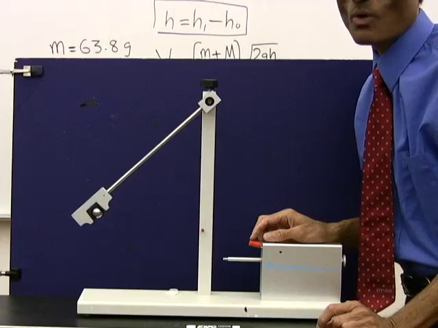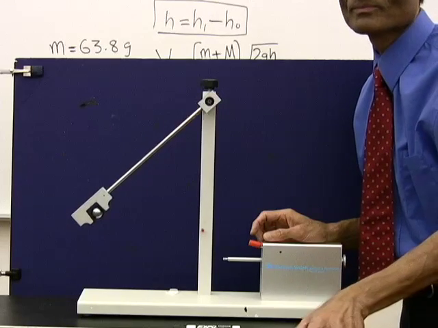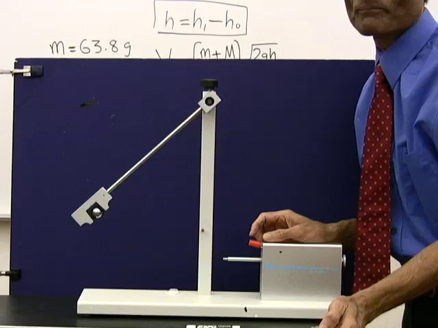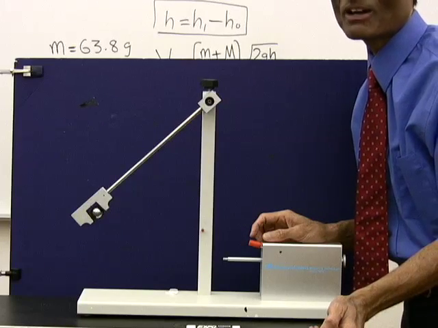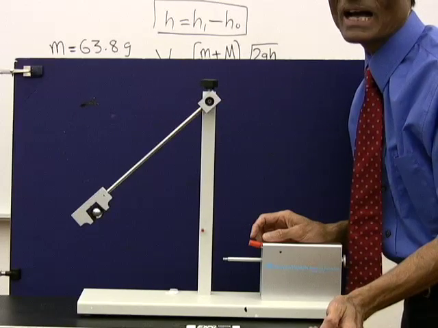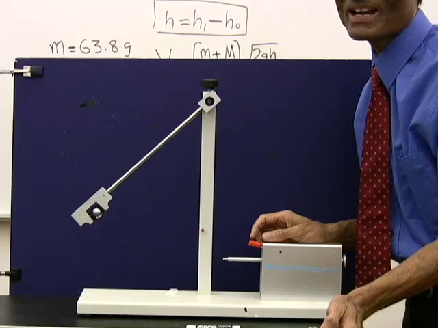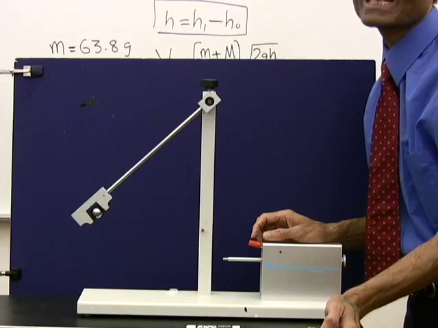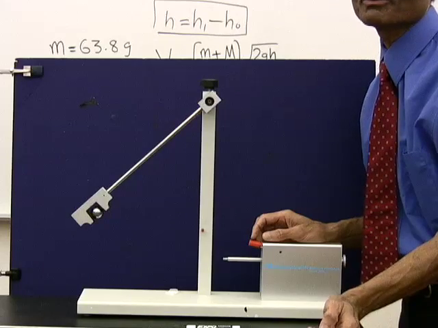Measure that h1. You have now 5 values of h, and find the average of that h and use that average value to calculate v0. You have now measured v0 using 2 methods, and now find the percent difference between the 2 values.